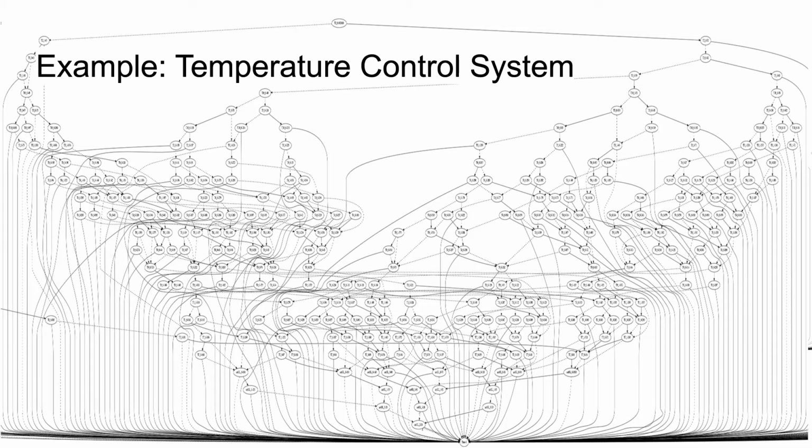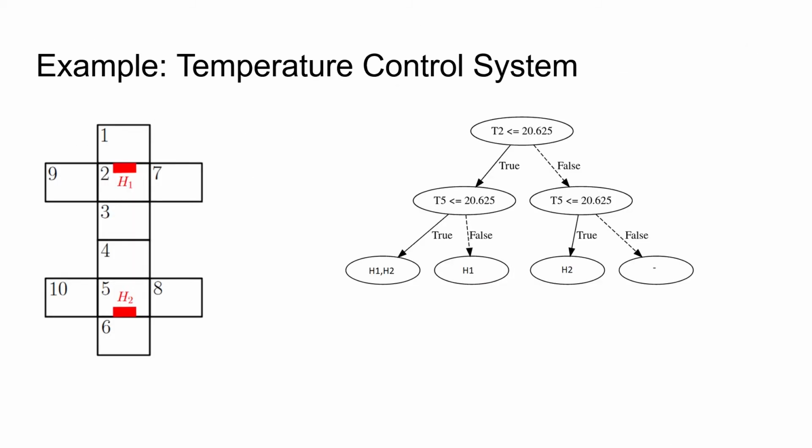In contrast, if we construct a decision tree for the controller, we can get this picture. This is a tree with 7 nodes and only 3 decisions. Basically it says, if room 2 is cold and room 5 is cold, then we turn on both heaters.